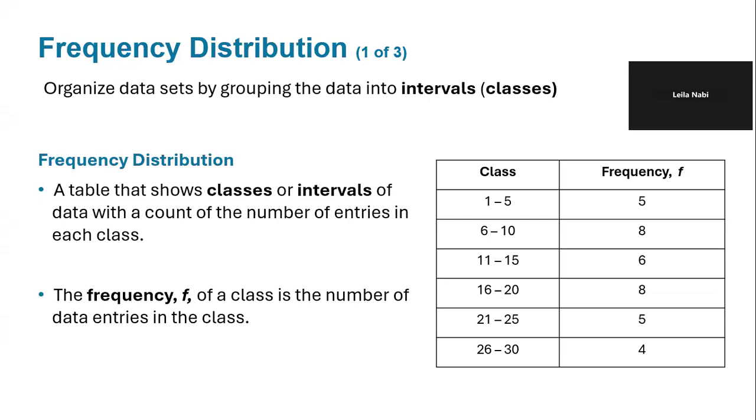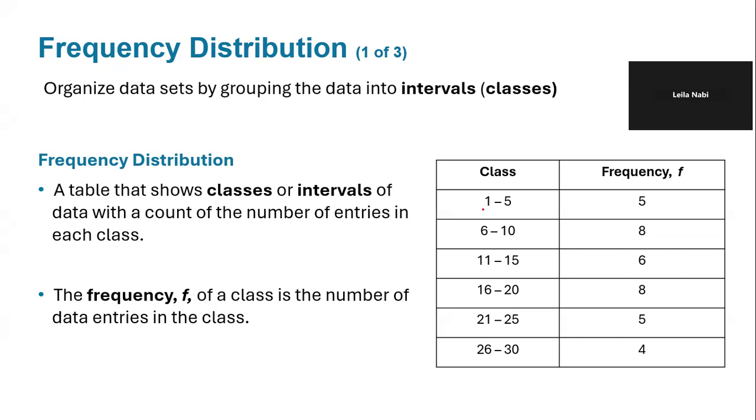Any table that shows the classes or intervals of data with the number of data entries in each class is called a frequency distribution table. And the frequency, which we show in tables by F, is the number of data that exists in each class. As you see, we have a frequency table here.